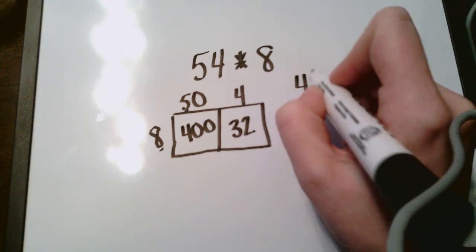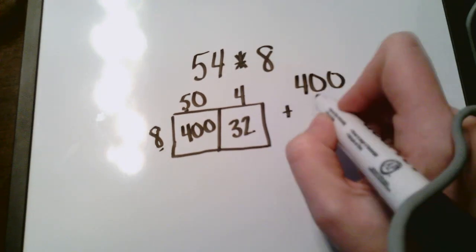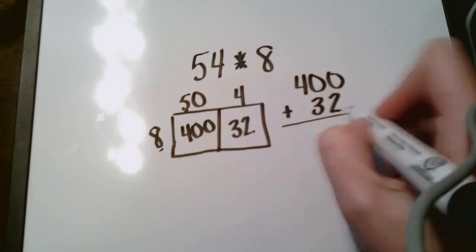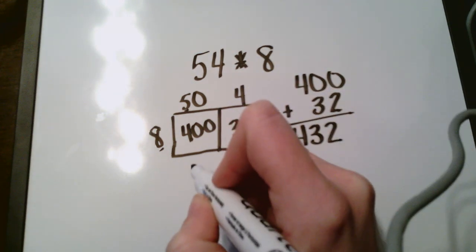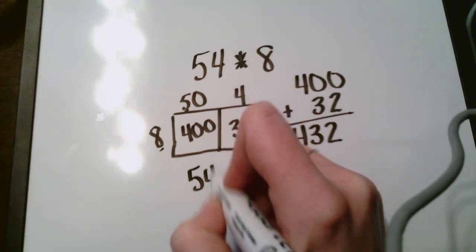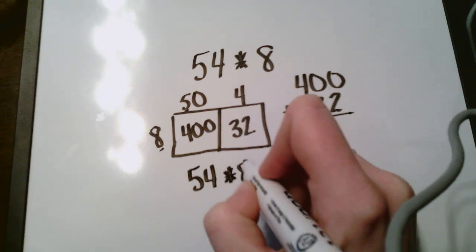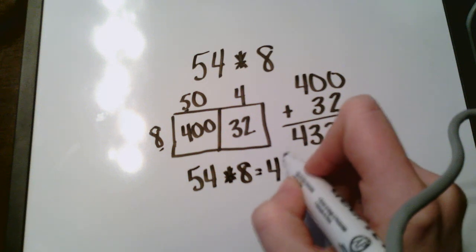Then we add them up. 400 plus 32 is 432. So 54 times 8 is 432.